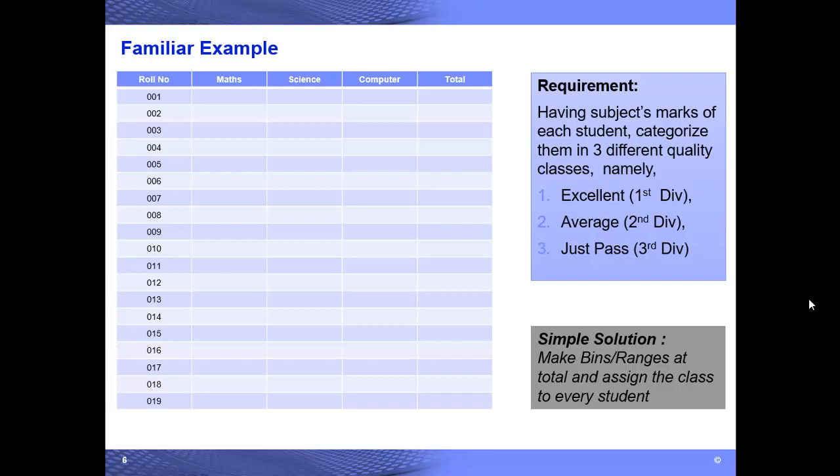The school has records of a few passed-out batches of 10th class, with each student's roll number or name and their maths marks, science marks, and computer subject marks. So each of the students has maths marks, science marks, and computer marks.